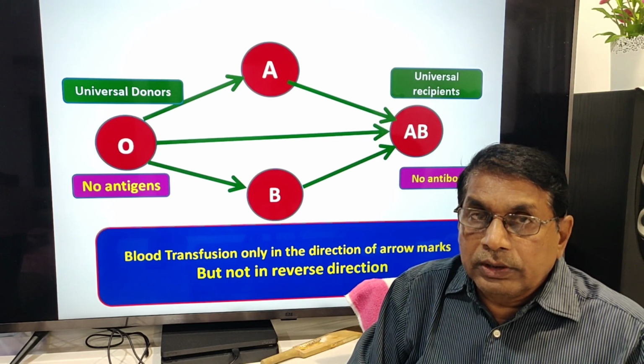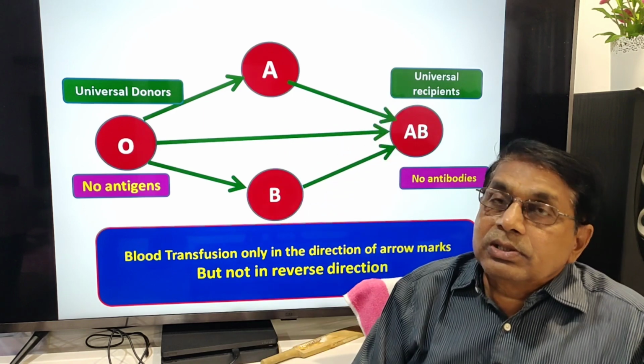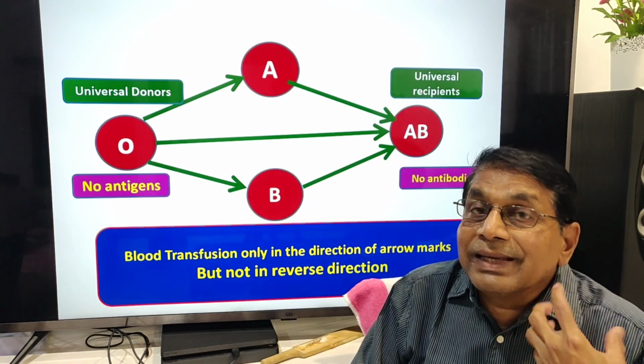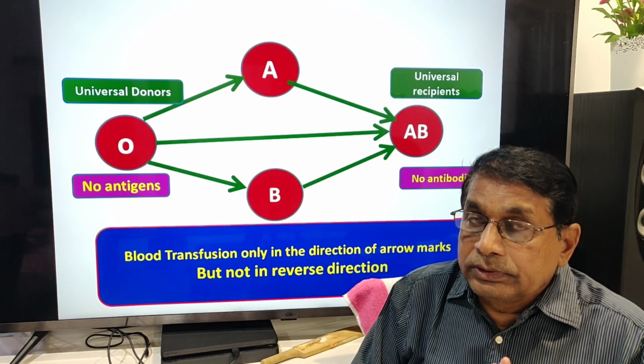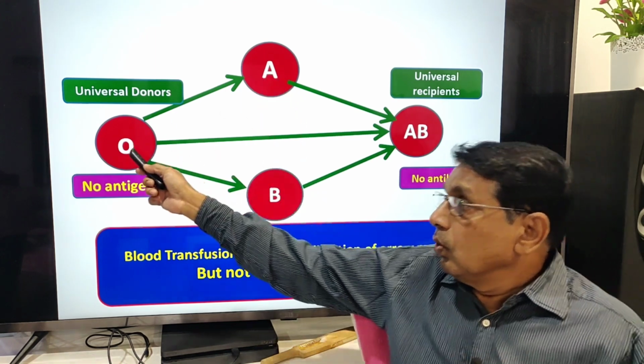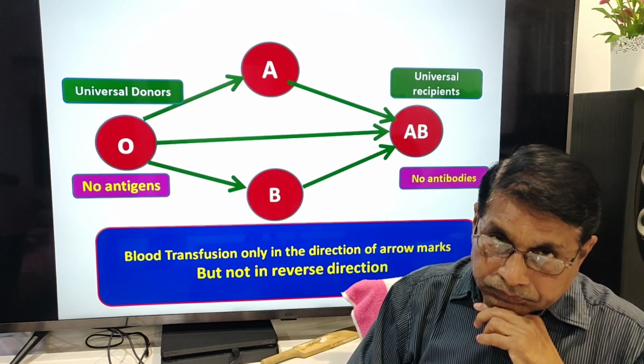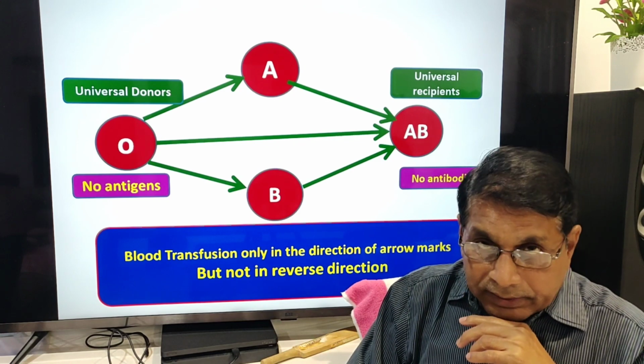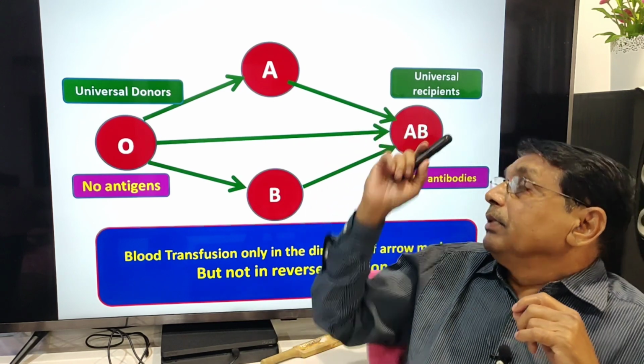Therefore, they are known as universal recipients. Now, suppose one person is A blood group. He can take blood from his own blood group and O blood group, but he cannot take blood from AB.